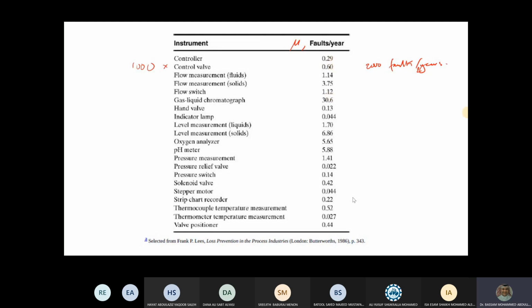Why is it becoming too much? If you think about per day, divided by 365, you're talking about every day you're having a fault in a control valve. When you start putting things in numbers, you find out that it may become much more complicated.